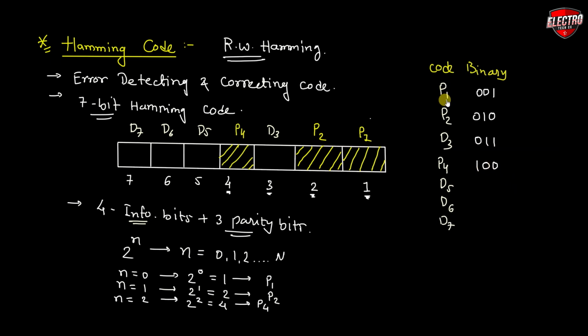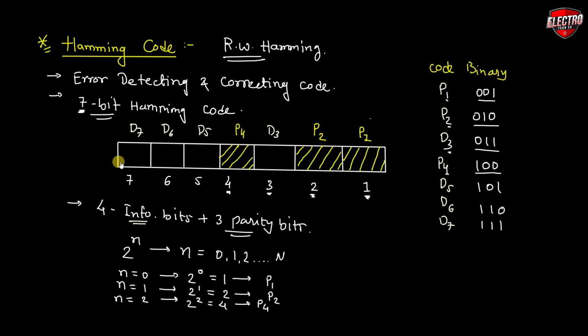Similarly, the binary value for 5 is equal to 101, the binary value for 6 is equal to 110 and the binary value for 7 is equal to 111.